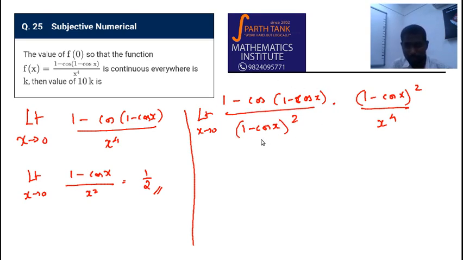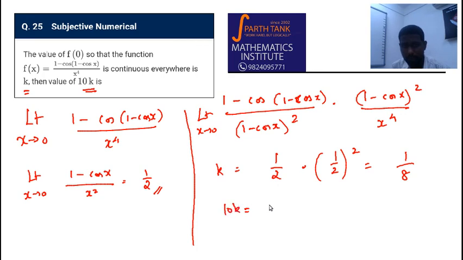So this limit is 1 by 2, and here you have 1 minus cos x by x squared the whole squared. So this is nothing but 1 by 2 the whole squared. So it is 1 by 8. So k, as the function is continuous with value k, then the value of 10k is how much? So k is equal to 1 by 8, 10k is 10 by 8, which is 1.25. So the answer to this problem is 1.25.